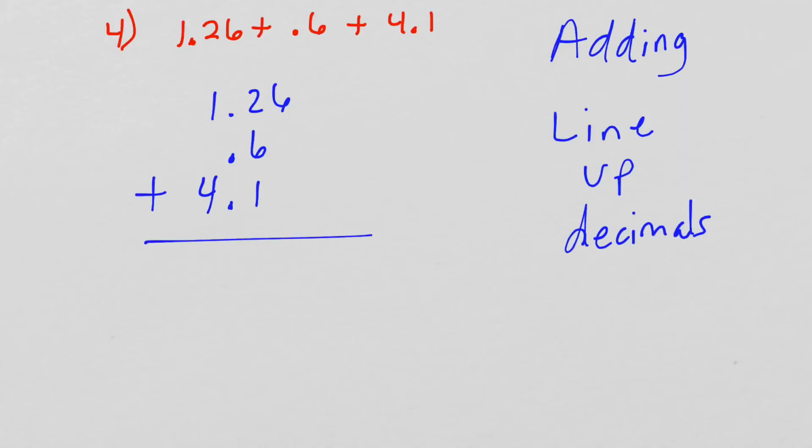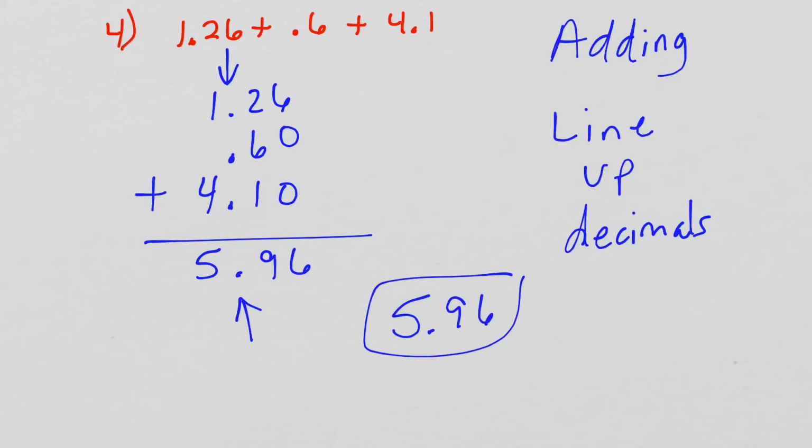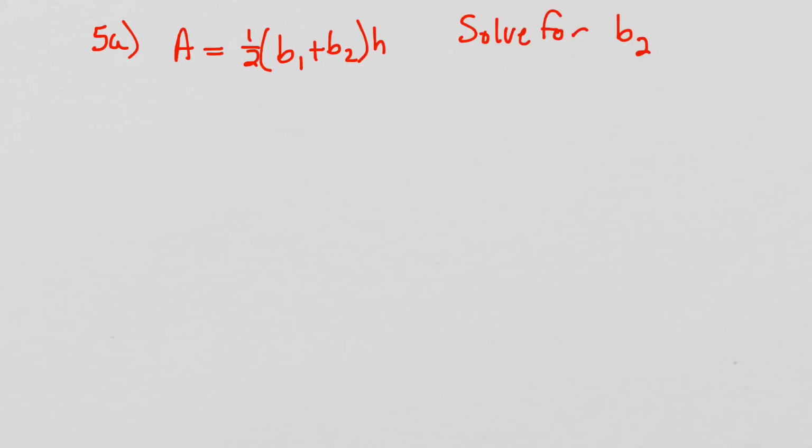You're also going to add in your zeros. Now you're going to add 6 plus 0 and 0 is 6. 6, 2, 1 is 9, and 4 and 1 is 5. Notice that the decimals stay lined up throughout the whole problem. 5.96 is your answer. Now we're going to solve for B subscript 2.